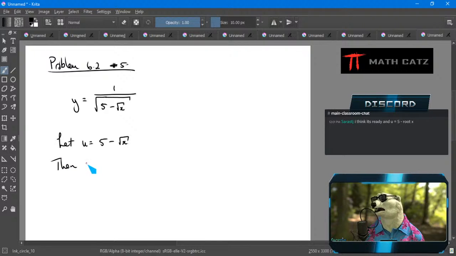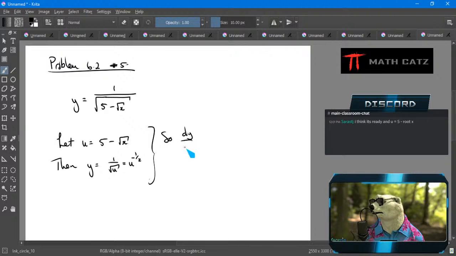As long as my outside function is simple enough, right? So the outside function in this case is 1 over root u, which certainly is simple enough, because I'm going to write that as u to the negative 1/2, which again, I hope you are comfortable with. Then we're ready to try.